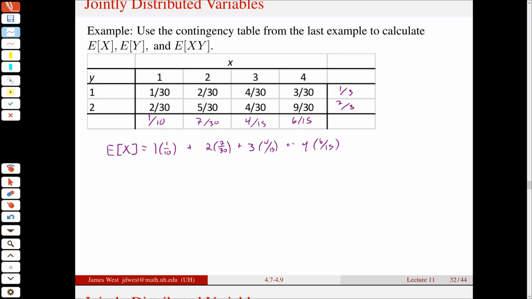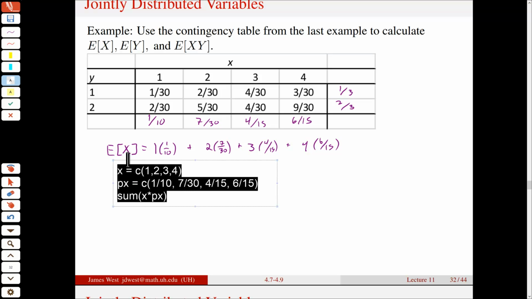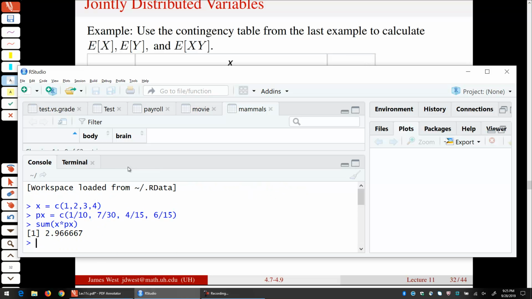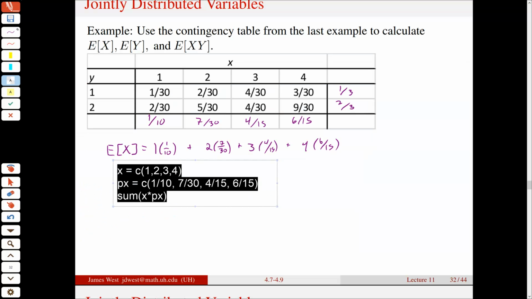Now I do not feel like doing this by hand, so let's type this into RStudio. First thing I do is I make a list of the values of x. Then I make a list of the probabilities corresponding to them. And then I want to multiply each value by its probability and add all the results. Do that, and I get a value of 2.9667.